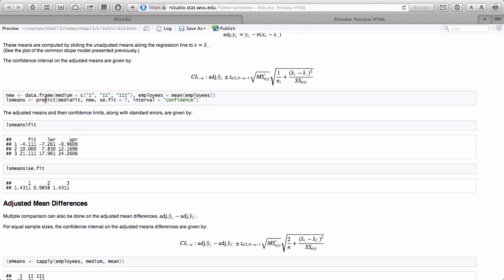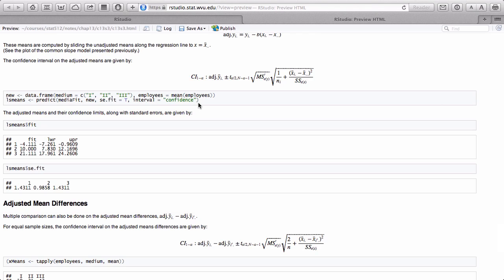So I'm going to create a data frame called new, and I'm going to get just 3 values for the 3 groups. They'll all be equal to the mean number of employees, which in this case is 31. If you actually look at the data frame, it will have 2 columns. One will say I, II, III in Roman numerals, and the other column will be 31, 31, 31.